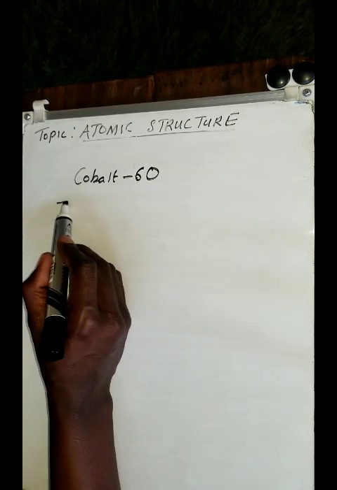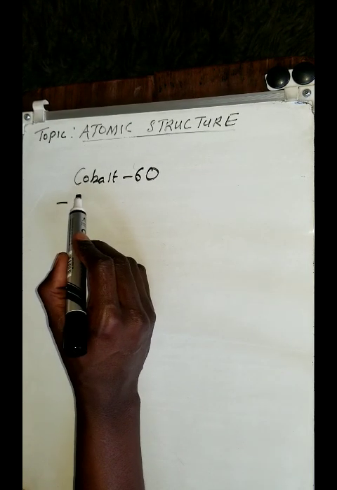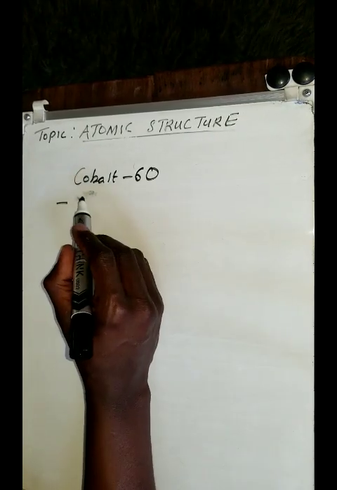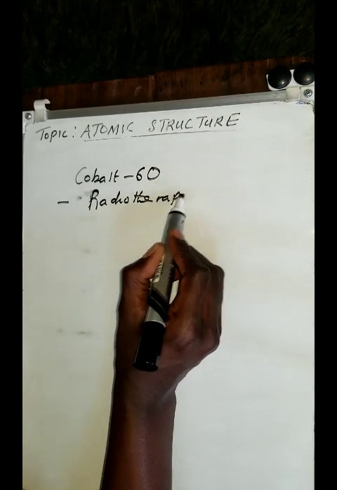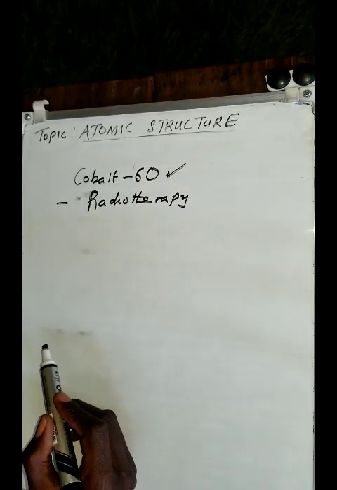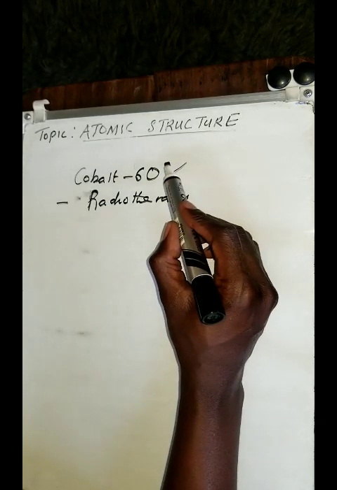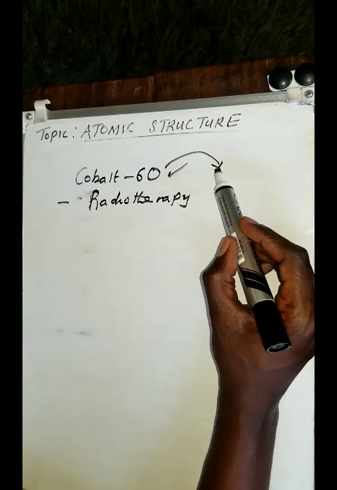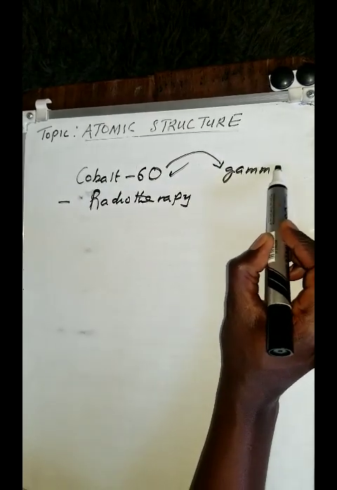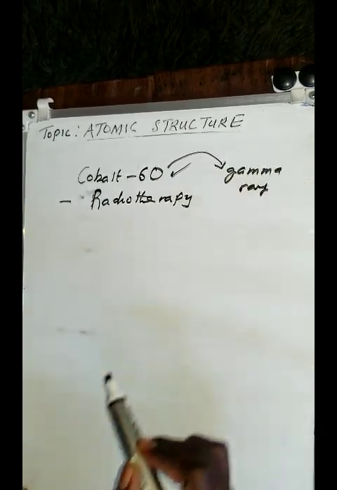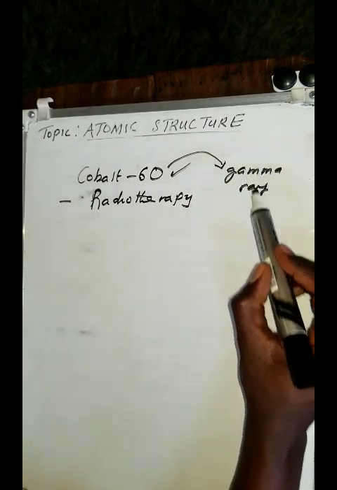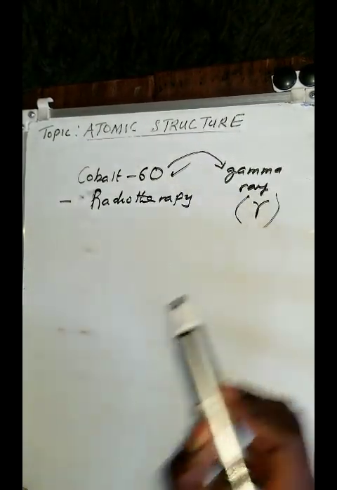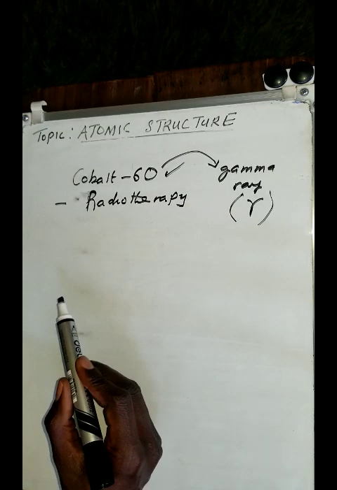Cobalt 60 can also be used in radiotherapy. It emits gamma rays, high energy rays. When these rays are aimed carefully at the site of cancer in the body, they eliminate it. Cobalt 60 is a good source of gamma rays, so that is what you need to remember.